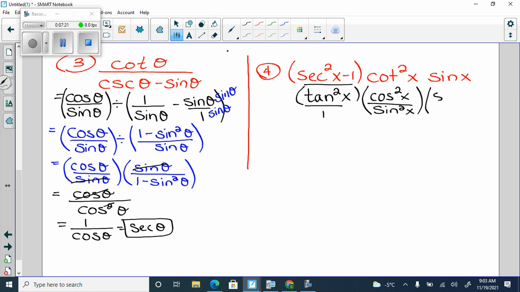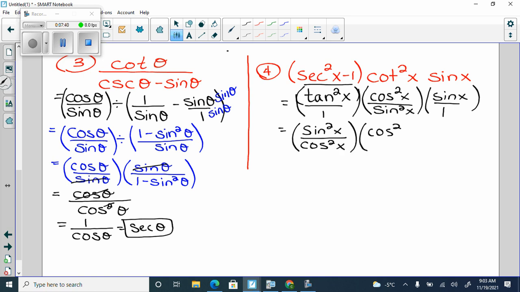Some people might have just changed cotan to being 1 over tan, and then tan squared, and then canceled those off as well. It would be the same thing. I changed the tan squared x to sine squared x over cos squared x. And then the stuff starts to cancel out.